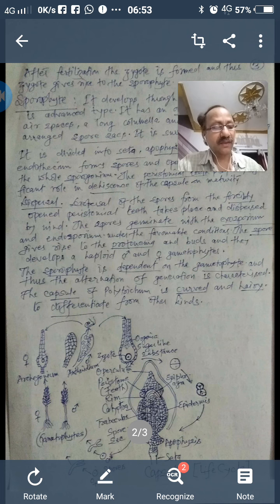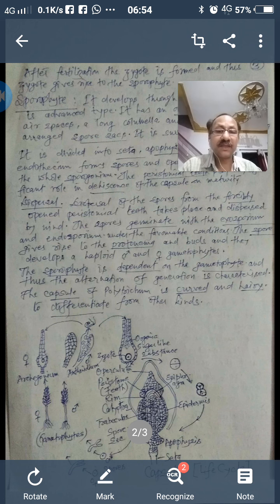Dispersal of the spores takes place from the opened peristomial teeth, and dispersal by wind takes place. The spores germinate with the exosporium and endosporium under favorable conditions. The spores give rise to the protonema and buds, and they are developed in the form of male and female gametophytes.